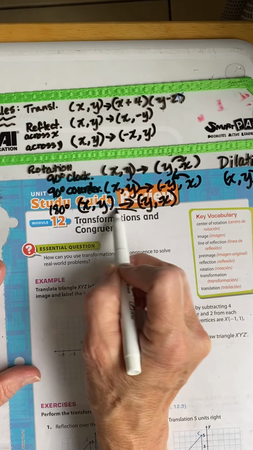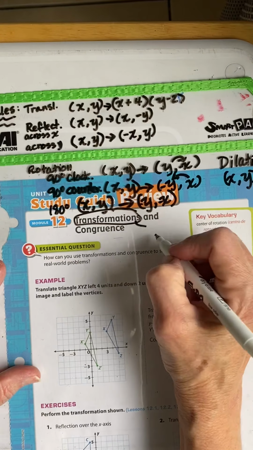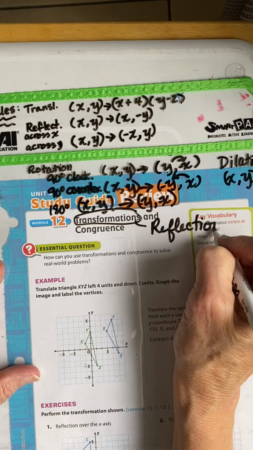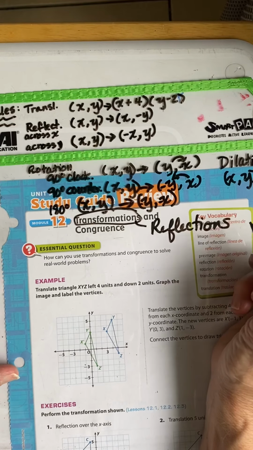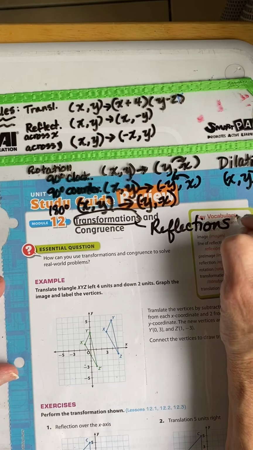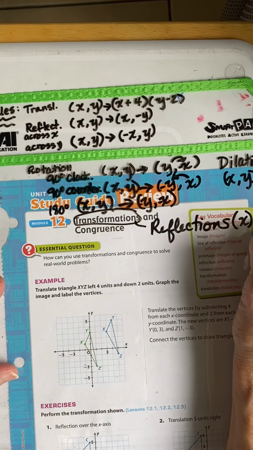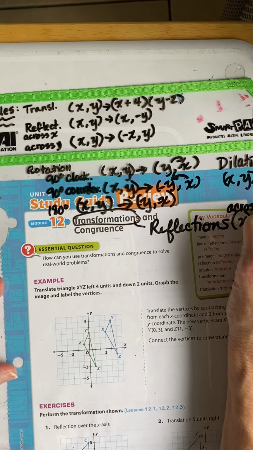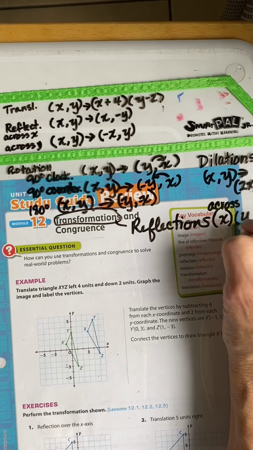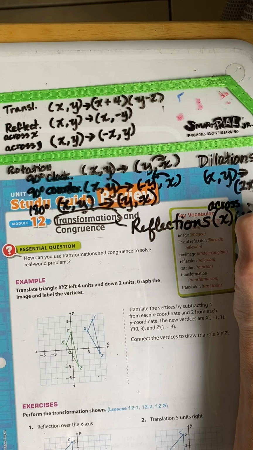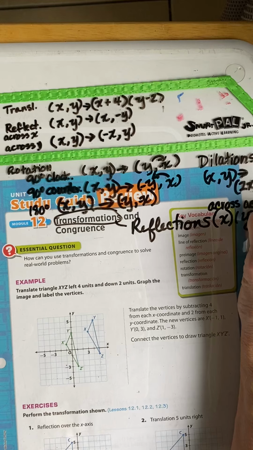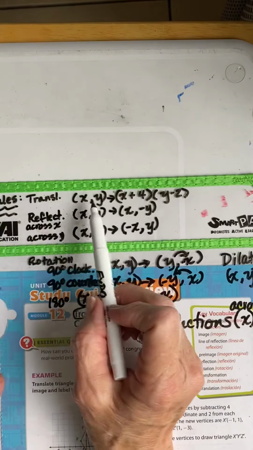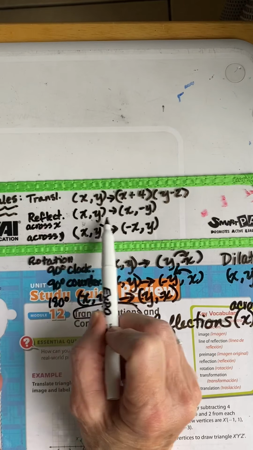But transformations, we know, could be reflections, where you have to be aware: did it reflect across the X axis, or across the Y axis? Whatever it goes across, that letter stays the same for the reflection rule.